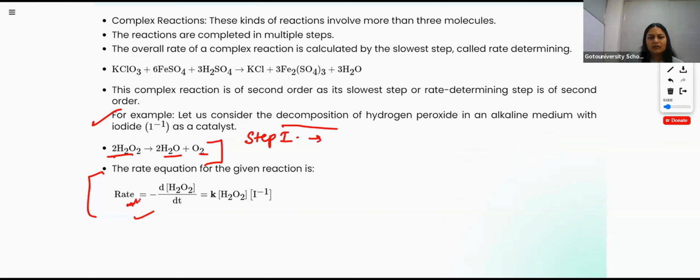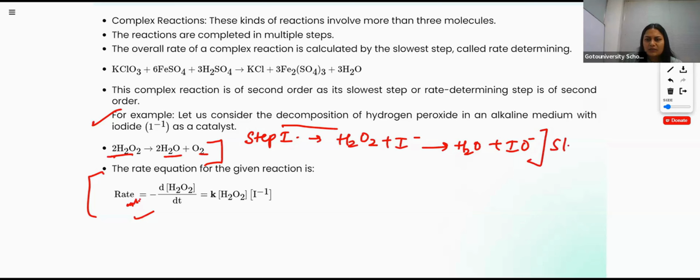In step 1, H2O2 plus I⁻ form H2O plus IO⁻, this iodide ion. Now this step is slow, or we can say the rate determining step. Whichever step we observe to be slow, the rate determining step, that will tell the order of reaction.